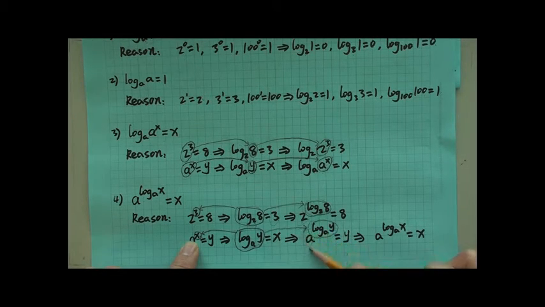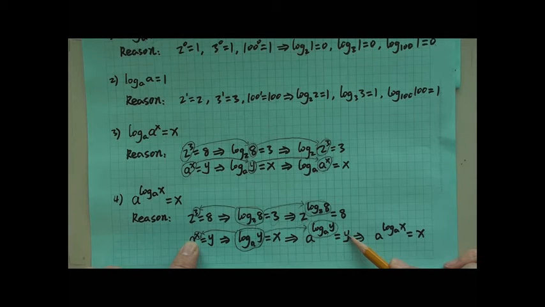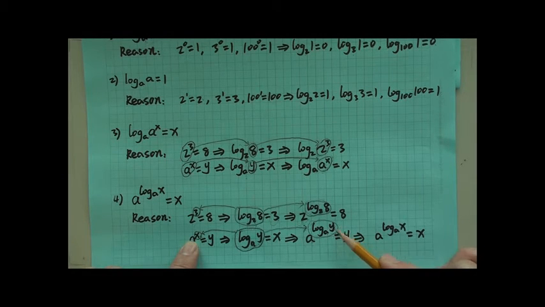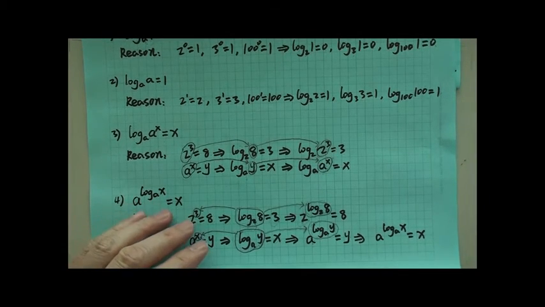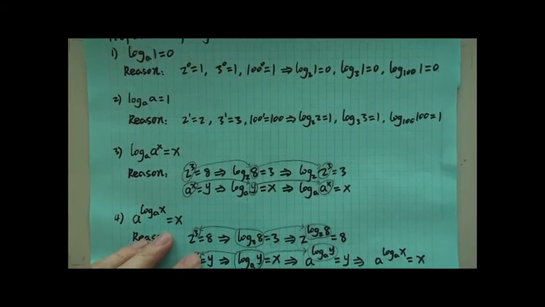You drop all the things, just write y. That's the explanation for that. So there are 4 properties.